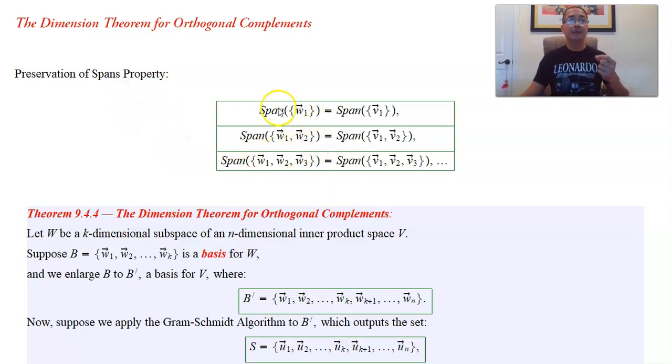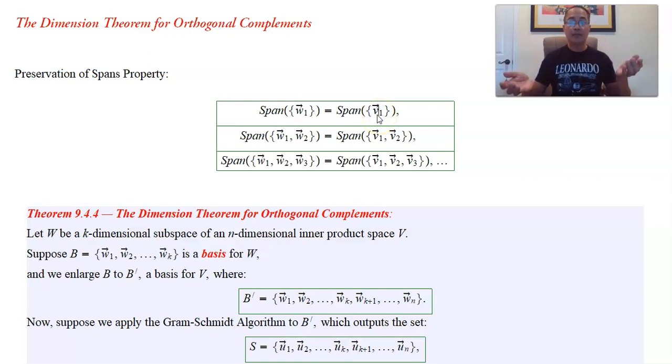It's right here. Remember that the input vectors are the w's. The preliminary output vectors are the v's. But the final output vectors, which we call the u's, are just the unit vectors corresponding to the v's. So the Gram Schmidt algorithm was rigged so that the span of the first input vector is the same span as the first preliminary output vector.